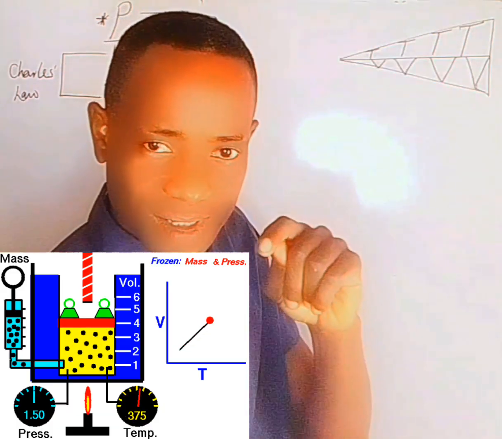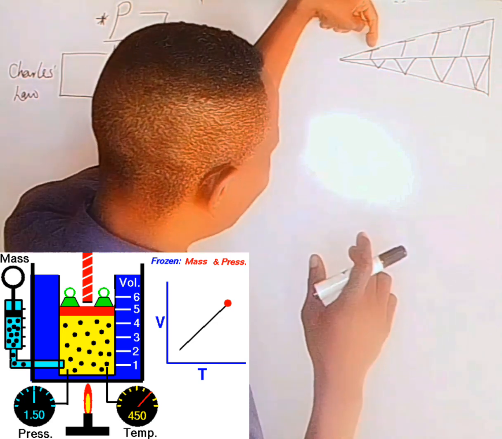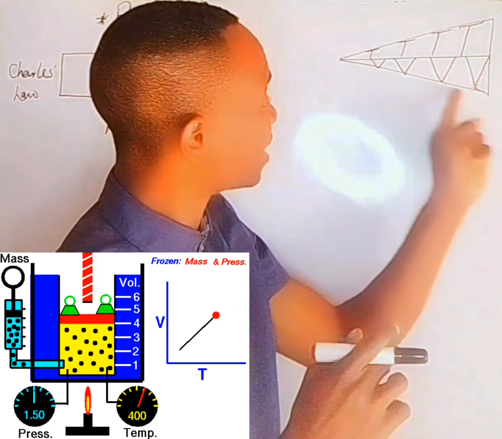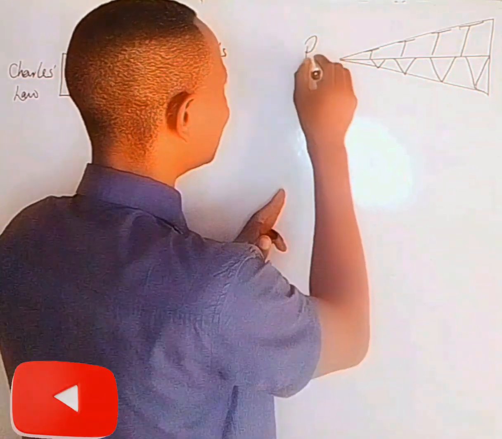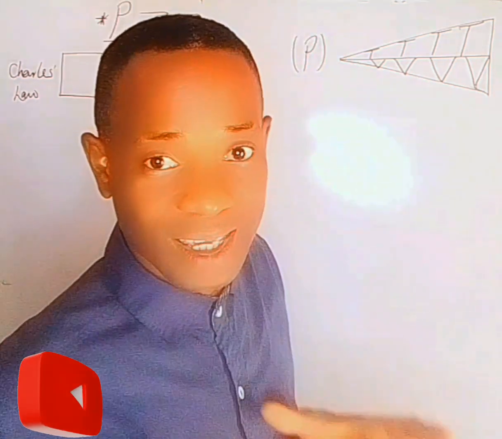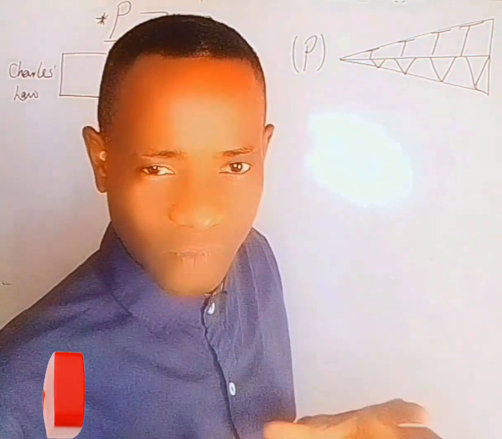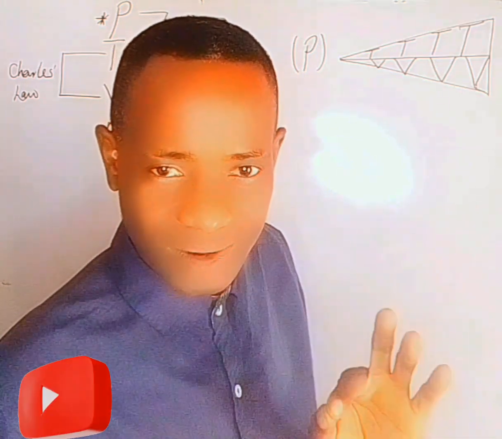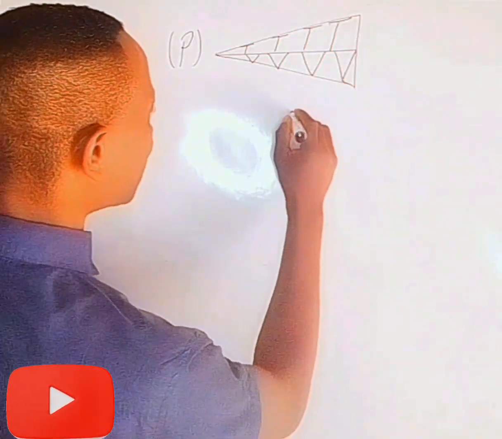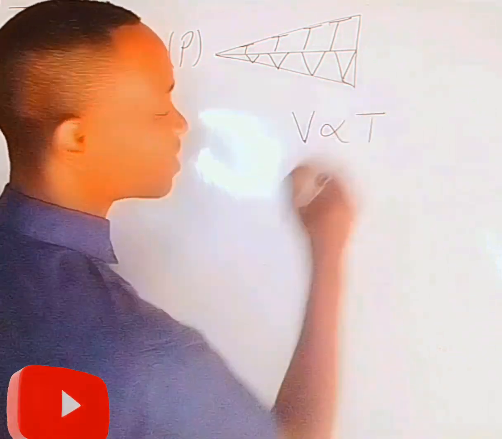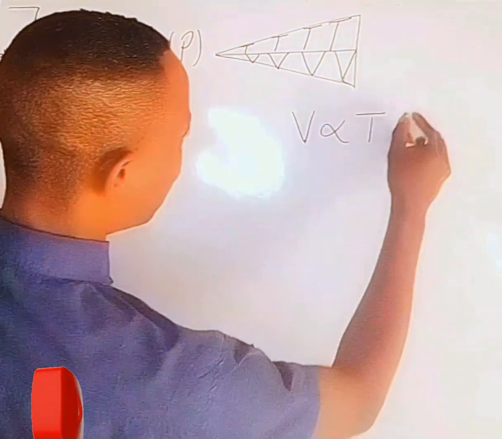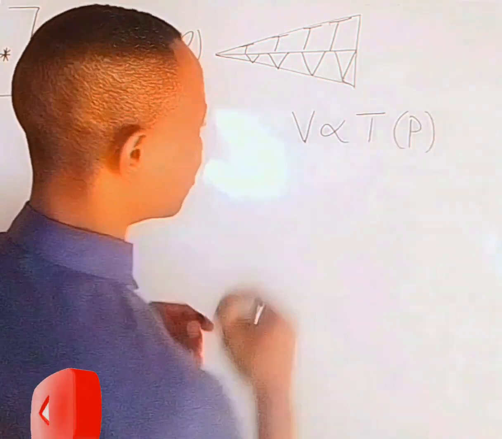He found out that as temperature of the gas increases, the volume of the gas also increases when pressure is kept constant. And he came up with the law of volume that he called Charles's law, which states that the volume of a given mass of gas is directly proportional to its Kelvin temperature, provided that pressure remains constant.